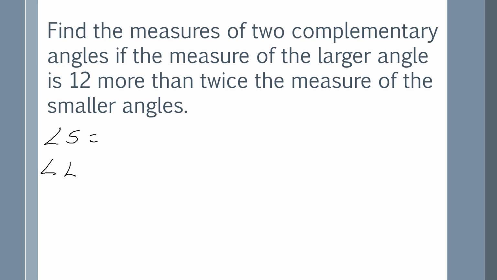We're told that the larger angle is 12 more than twice the measure of the smaller. We don't have any description of the smaller, and that's the one you want to have X. So we're going to say the smaller angle is X. The larger angle is 12 more, so we're going to add 12, plus 12.